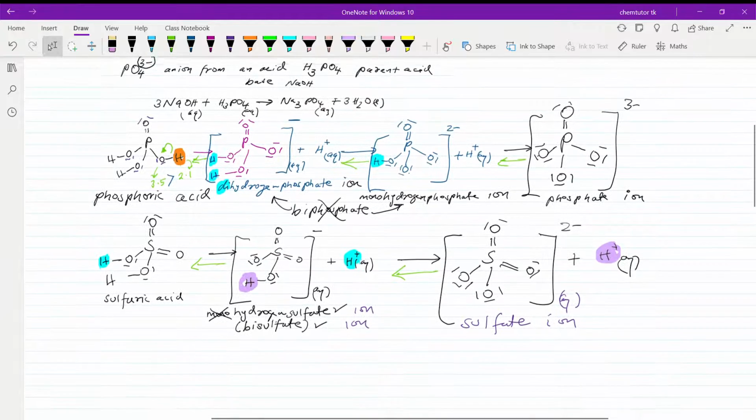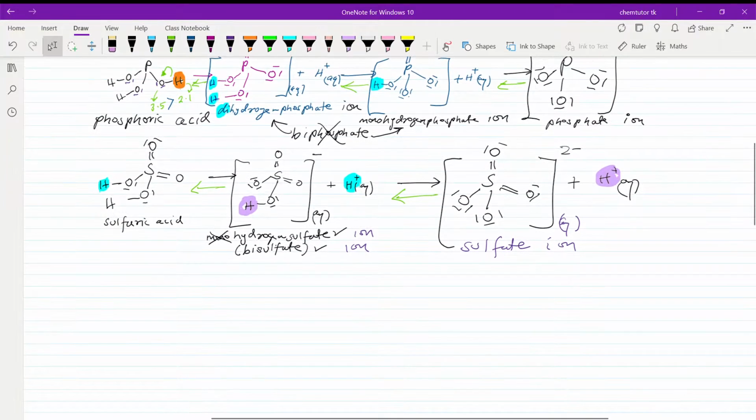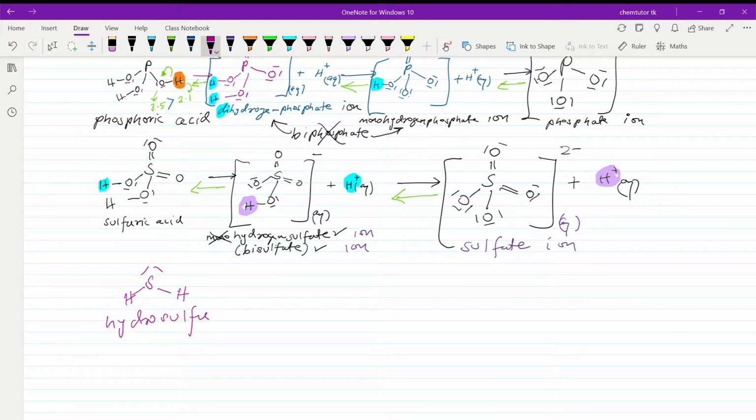And in the middle, you can see this hydrogen. So if I have, for example, sulfide, right? Sulfide is coming from hydrosulfuric acid when it is aqueous.